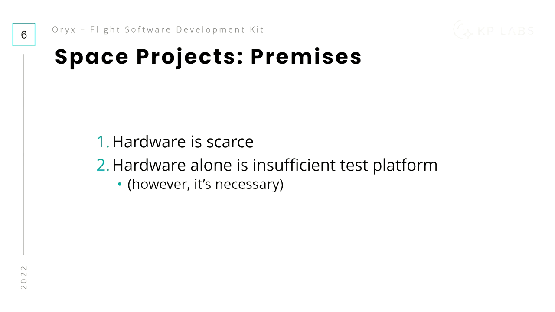So that's one thing: space hardware is usually very expensive. You very often work on projects that have a limited budget, and they won't be buying expensive hardware for every engineer that wants to do something with it.